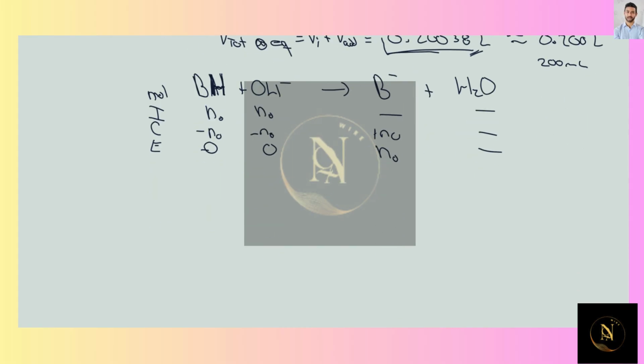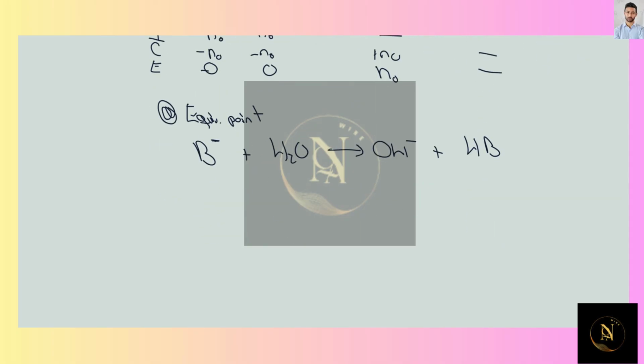That means that at equivalence point, the reaction corresponding to B minus plus water in order to produce OH minus plus HB is going to be the one that is going to dominate our equilibrium.